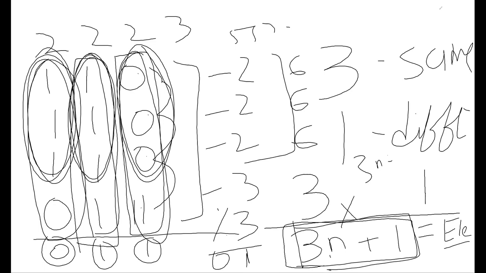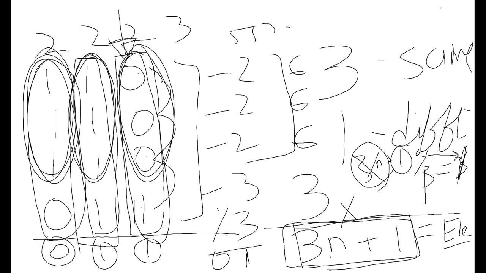And if I do 3n plus 1 modulo 3, it will always be 1, right? Because 3n will directly divide by 3 and be nullified, and 1 will remain. It will give you the mod as 1, right? So essentially what you're doing is going to each bit index and summing up how many ones are there.